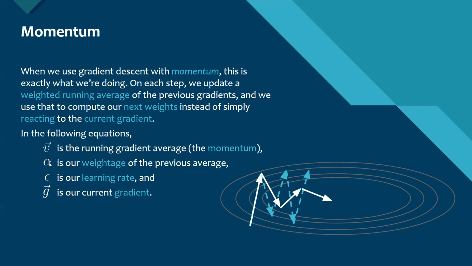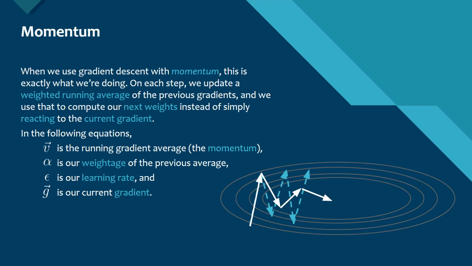So this alpha is applied recursively. At the very last step, the step before it has one alpha applied to it, but the step before that has an alpha squared applied to it, and so on and so on. So essentially, the further away the steps, the less it matters.